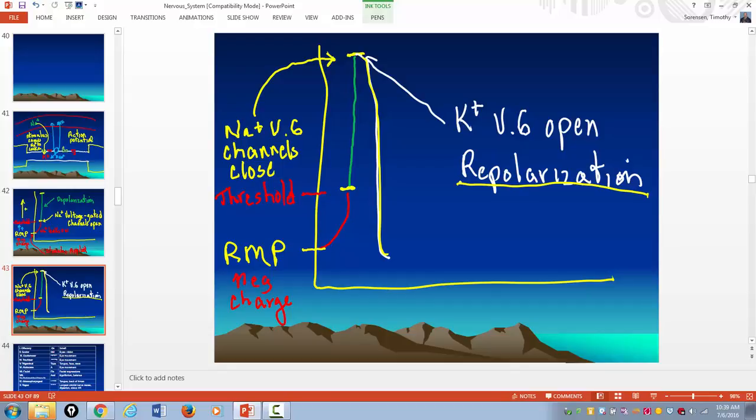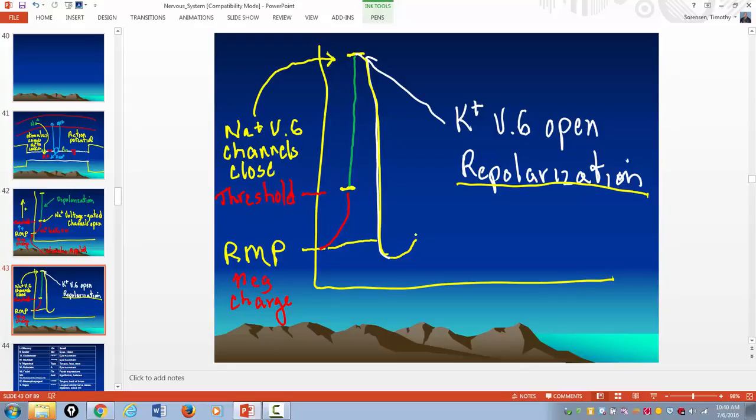Now, the voltage-gated potassium channels remain open long enough for that charge inside that cell to actually be lower. It's now more negative than resting, and I'll explain in a minute why that's important. This is called hyperpolarization or overshoot, and then it's the job of the sodium-potassium pump and the leak channels to get it back to resting so that it can fire again.